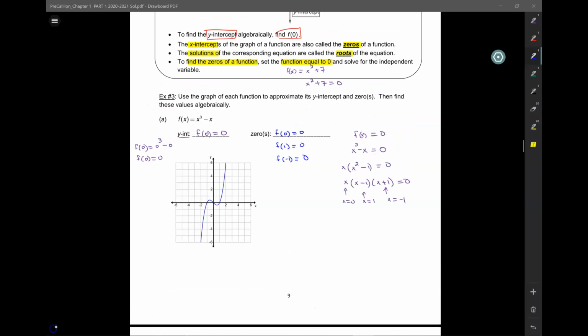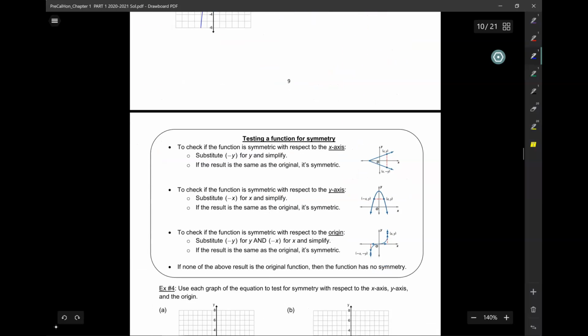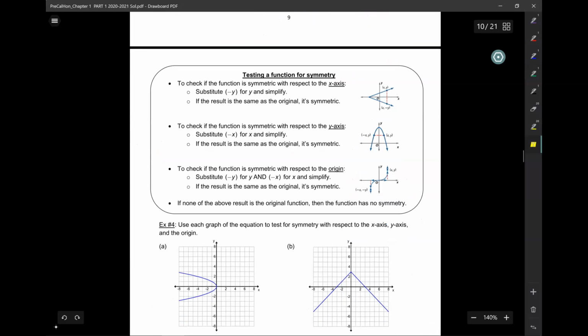Let's move on and look at symmetry. Let's test these functions for symmetry. A function can be symmetric along the x-axis, the y-axis, or the origin. Let's take each of those separately.